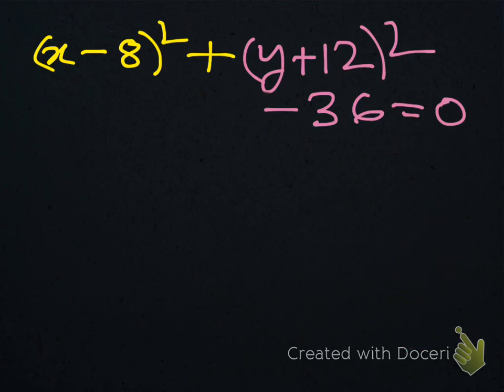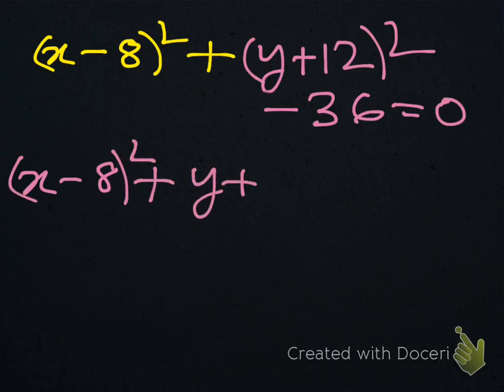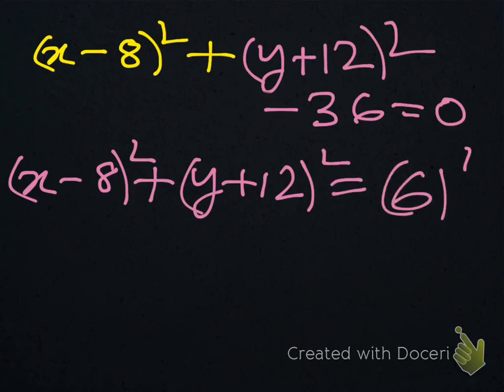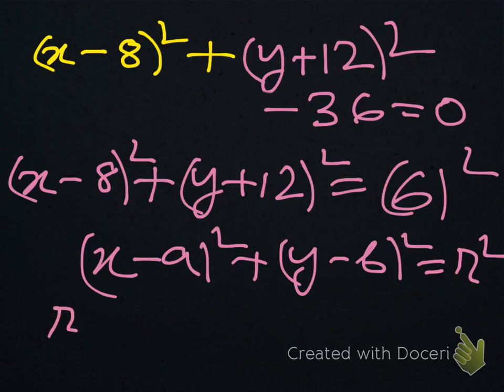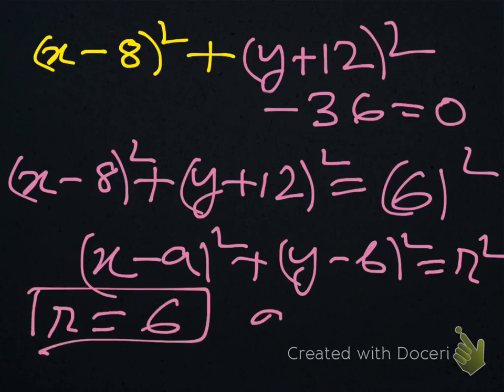So finally I can write the equation as x minus 8 whole squared plus y plus 12 whole squared equal to 6 squared. So comparing it with the standard equation of a circle, I can say that the radius is 6 and the center of the circle is 8, minus 12.